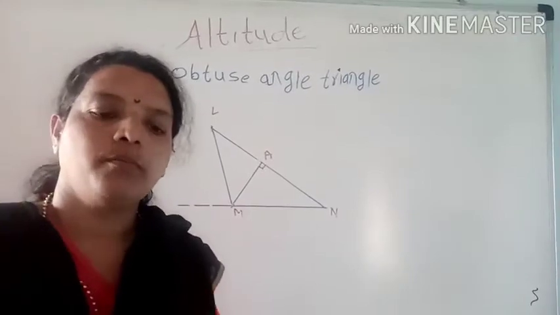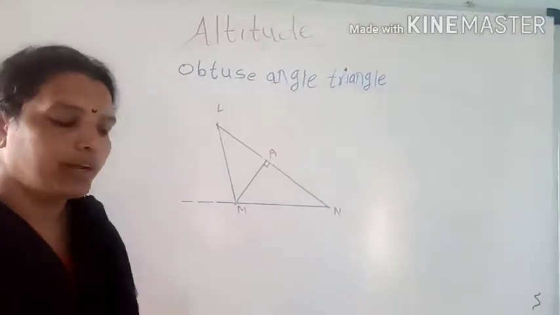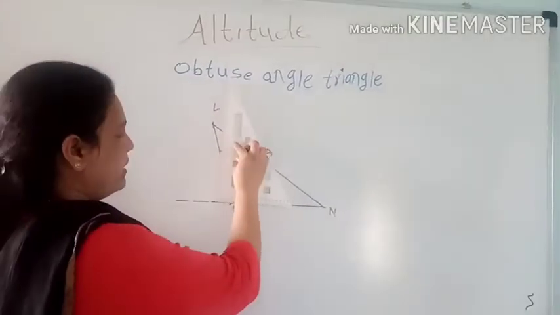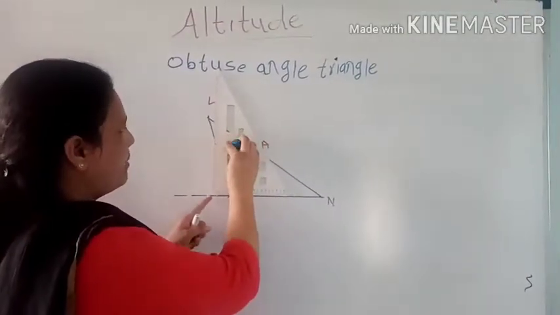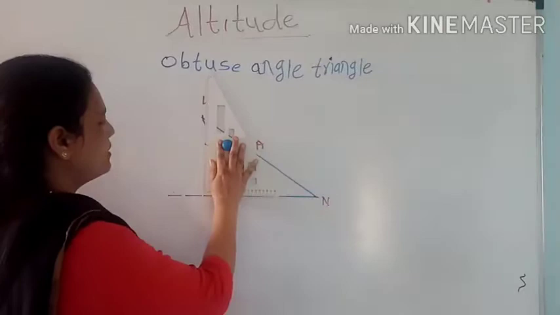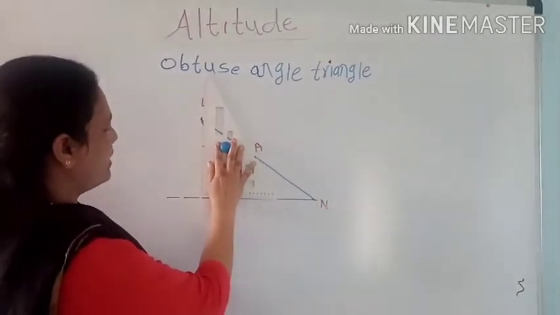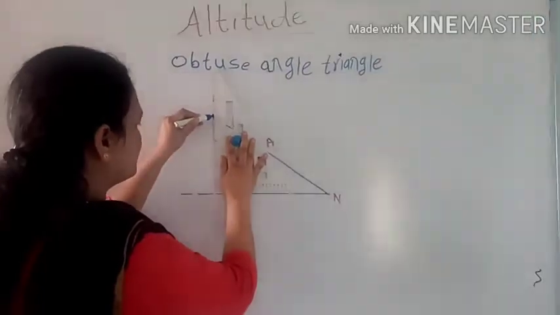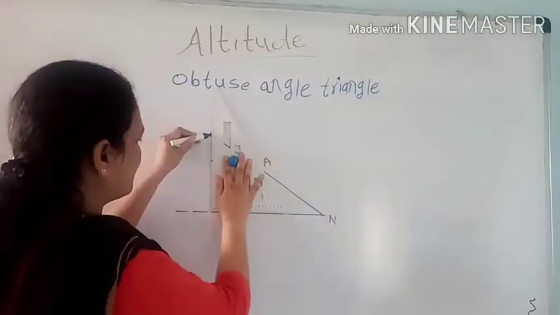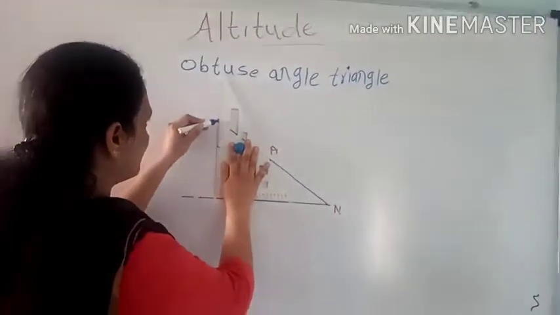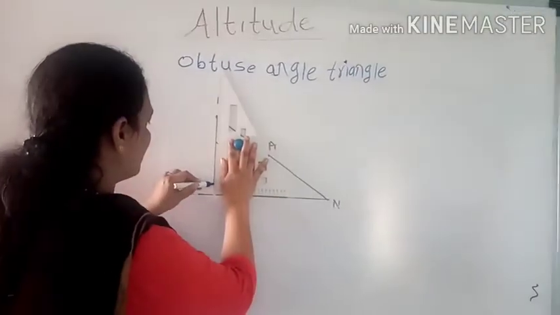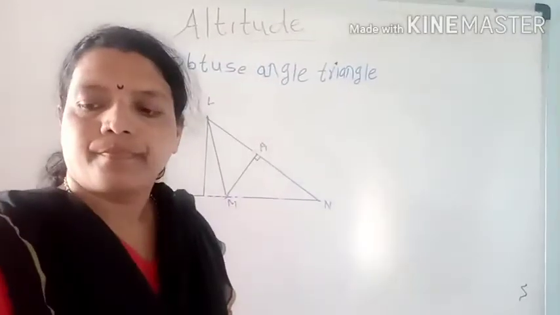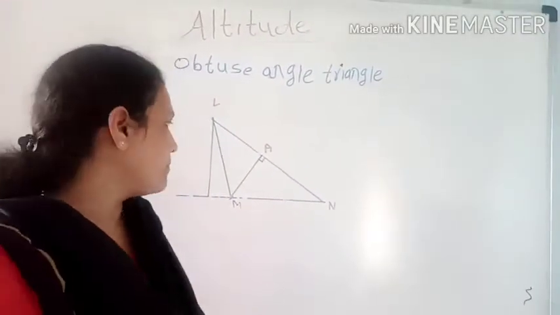Now I will draw the perpendicular from point L to MN. The procedure is the same. Keep the perpendicular end on MN and the other end should go to point L. Now we will give the name B.